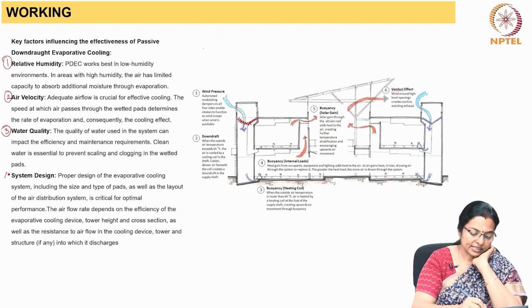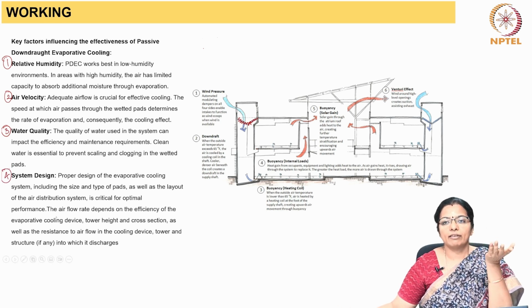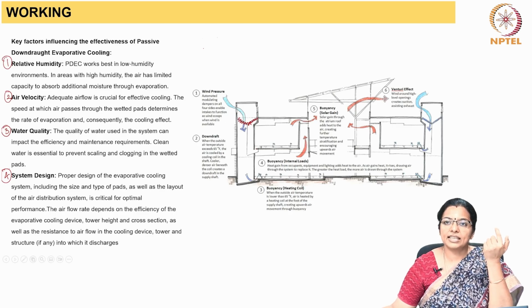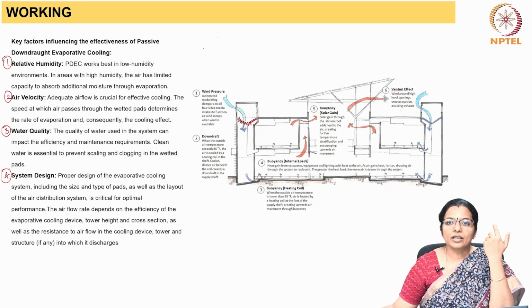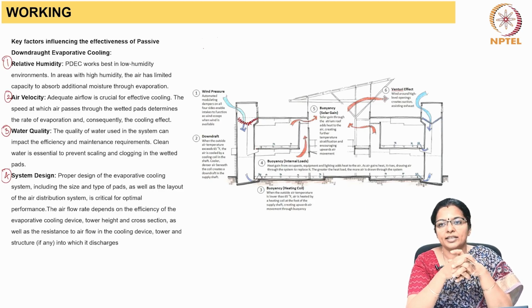The system design is important because proper design of the evaporative cooling system, including the size and the type of pad or the source of the moisture, including how well it is designed, and the layout of the air distribution system, is all critical for optimal performance.